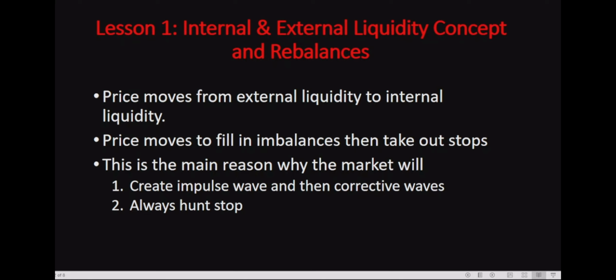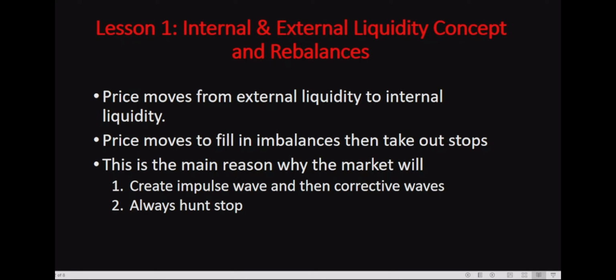Okay, so the first point I have here is that price moves from external liquidity to internal liquidity. What this means, you get to find out as we progress in this video. Another point I have here is price moves to fill in imbalances, then to take out stops.